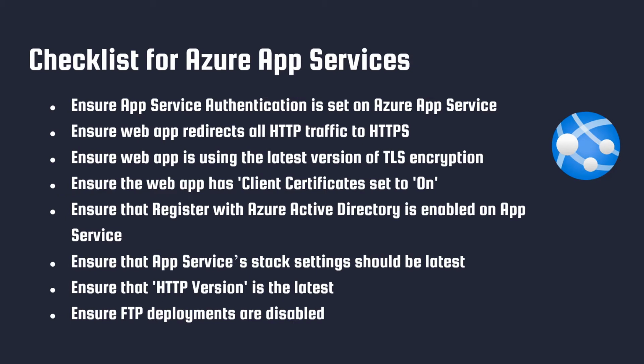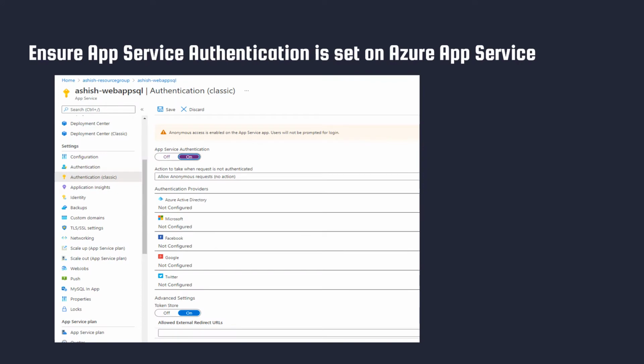Here is the checklist for Azure App Service, and we will go through each one by one. So the first recommendation is to ensure app service authentication is set on Azure App Service. Azure App Service authentication is a feature that can prevent anonymous HTTP requests from reaching the API app or authenticate those that have a token before they reach the API app.